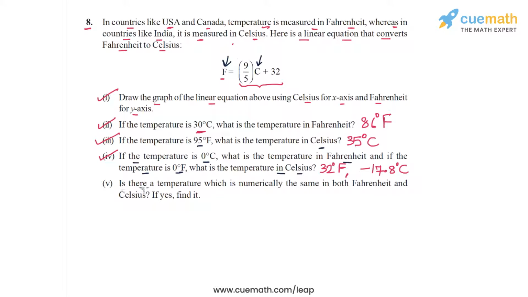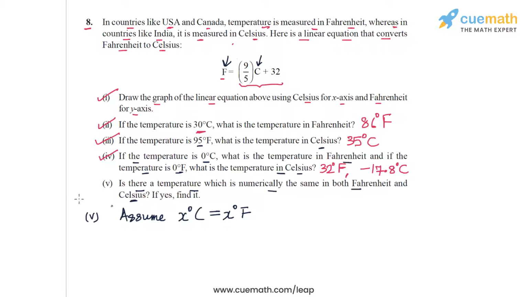So part 5 says, is there a temperature which is numerically the same in both Fahrenheit and Celsius? So we have to find if there exists a temperature which has the same numerical value in both the Celsius and Fahrenheit scale. So let's assume that such a temperature exists, and let's assume that it is X degree Celsius and also X degree Fahrenheit.